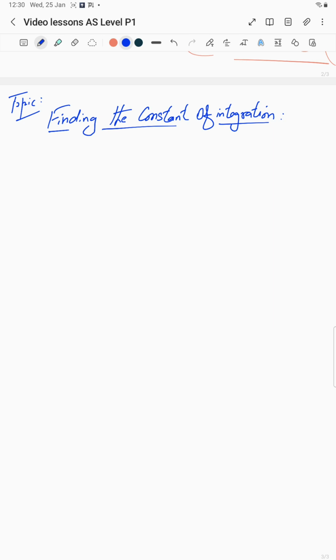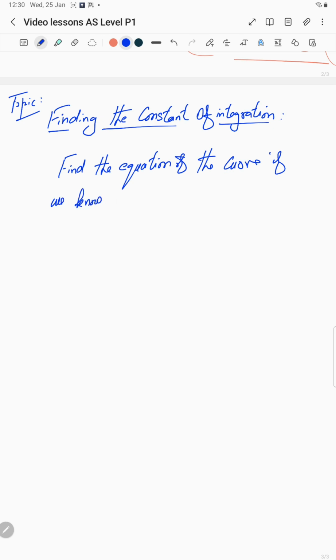Like, we can be asked to find the equation of the curve if we know the gradient.